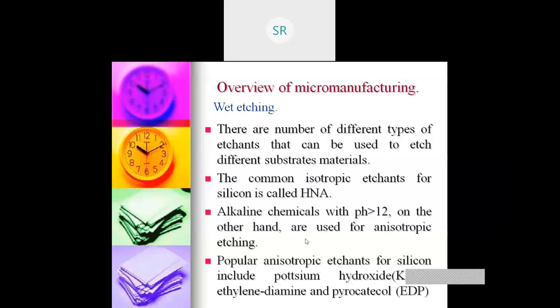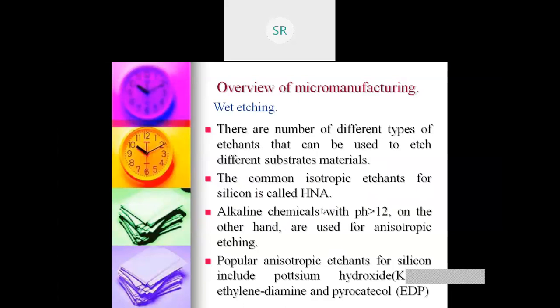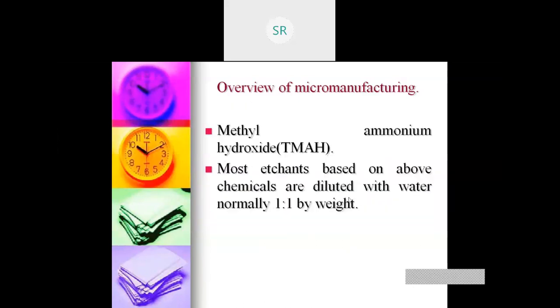If my material is anisotropic, the concept is anisotropic etching, and there are different etchants available: potassium hydroxide, ethylene diamine pyrocatechol, commonly called EDP, and tetramethyl ammonium hydroxide, commonly called TMAH. How is this done? Any one of these etchants, HNA, KOH, EDP, or TMAH, is mixed with water in the ratio of 1:1.